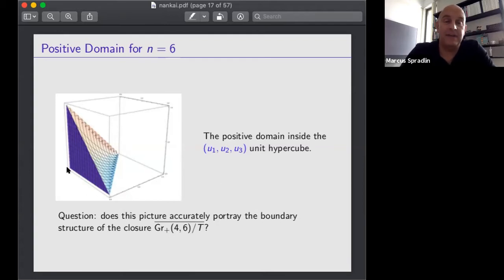On the left is the origin, and you see there's this kind of pillow-shaped region near the origin, and the interior of that is really the positive domain. Okay, and so the question we want to know is, does this picture accurately portray the boundary structure of the closure? And of course, the answer is no. That's going to be the subject of the next 2 slides.